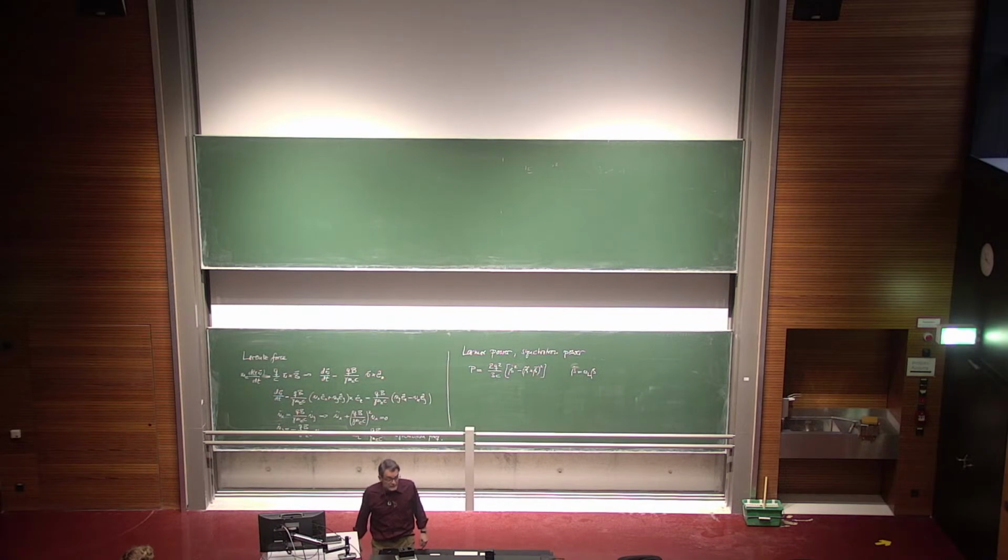And I'm also using that on a circular orbit, beta dot must be perpendicular to beta. So if I take the absolute value of this, that's just going to be beta square omega L. What else should it be?